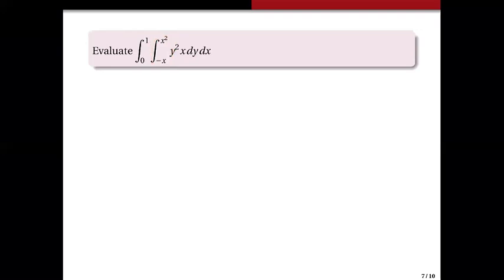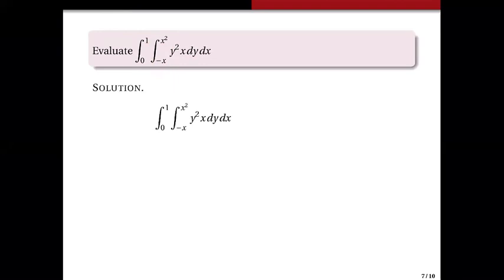And obviously, it's with respect to y because you have here minus x and then here x squared. Okay? So it's your y equals minus x, y equals x squared. And then your x will run from 0 until 1. Okay? So this is our problem.